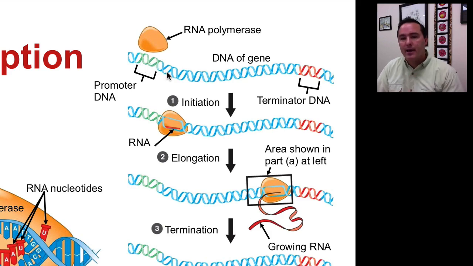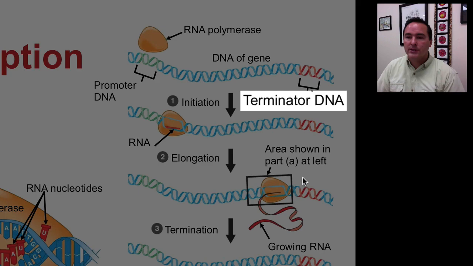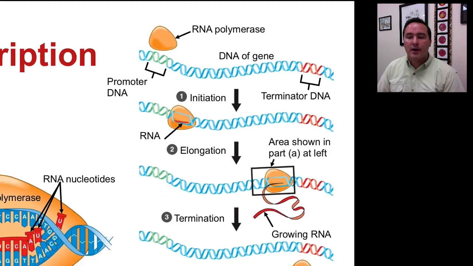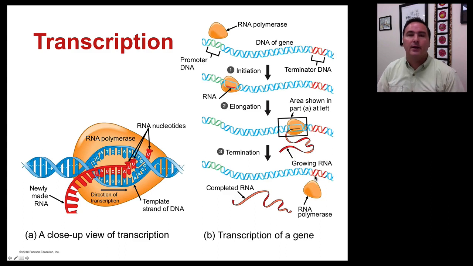Then it moves down and starts to make a copy of the message that includes a little bit of the DNA just above the start codon and goes all the way down and includes a little bit of DNA even beyond the stop codon. Then it hits a region called the terminator DNA, and that is when the RNA polymerase knows that it is now done and it lets go of the DNA strand, and you have a completed RNA strand.